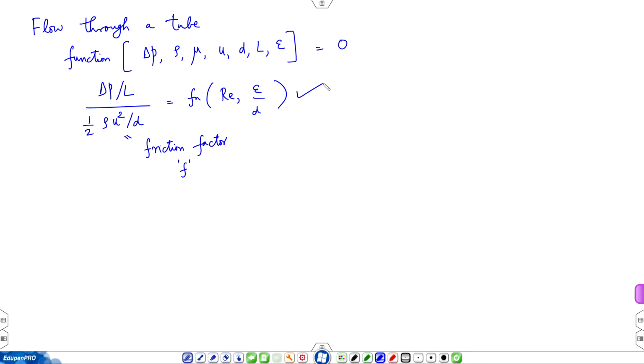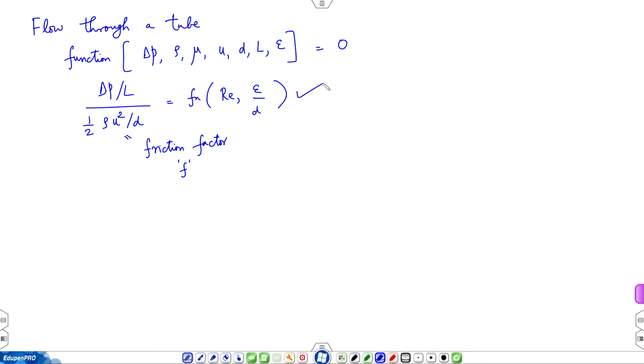Now, you will notice an important result. Of course, there is that previous result that the laws of similarity guarantee that this data that you have generated in a model experiment can be used in a prototype, because principles of geometric similarity and dynamic similarity are both fulfilled.